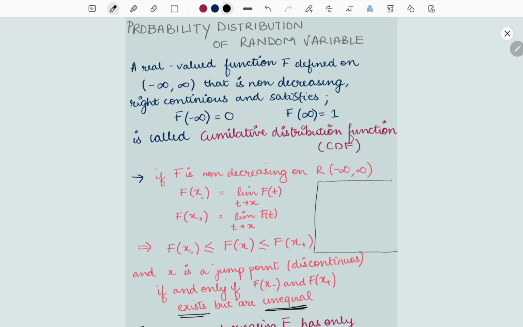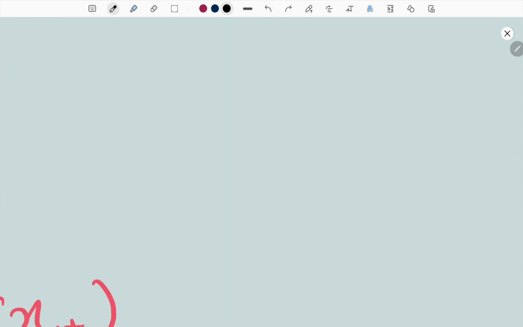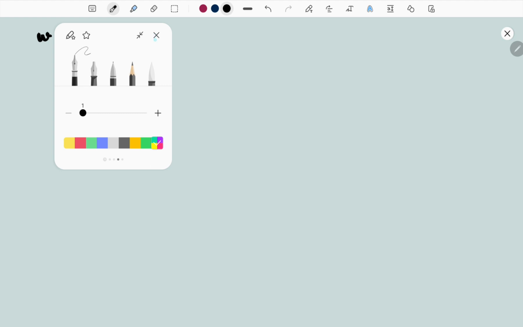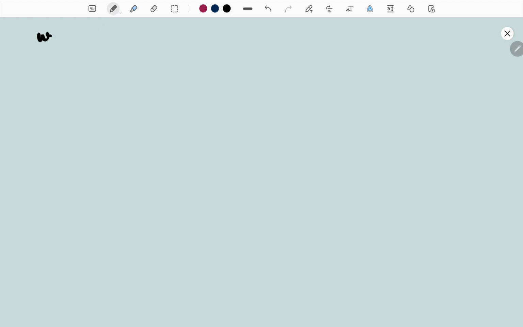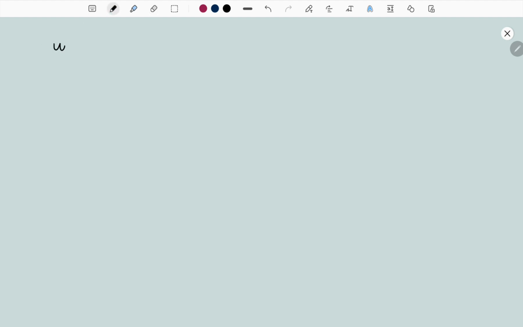Let us suppose we draw a ball from an urn with three distinct balls, numbered and tagged.